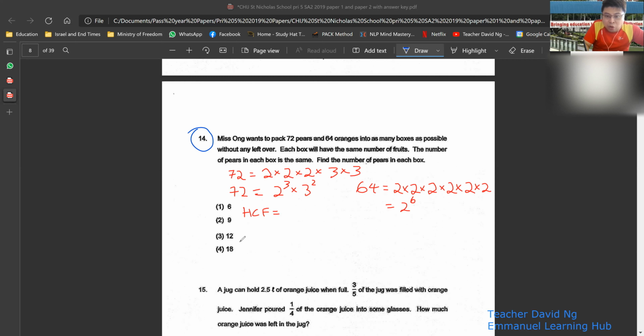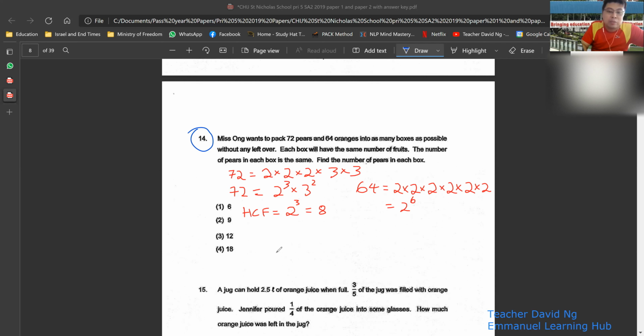So the common base is 2, and because it's a factor, you get the smallest power. 2 power 3 is 8. So the HCF is 8 for 72 and 64.